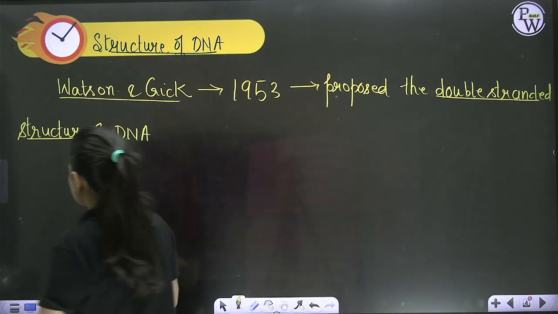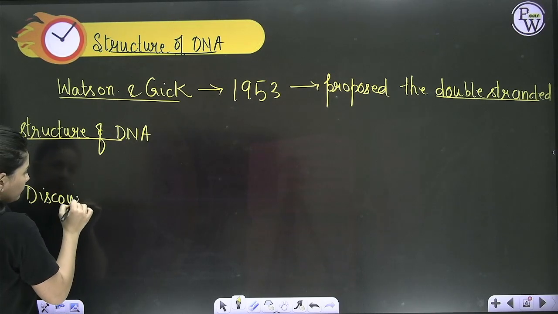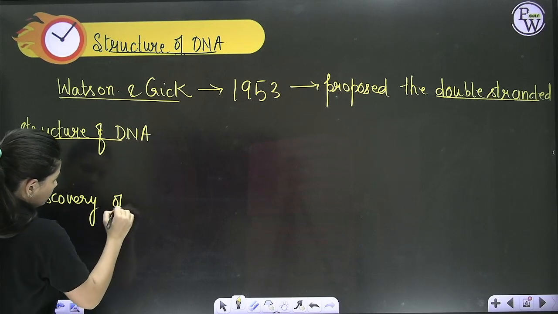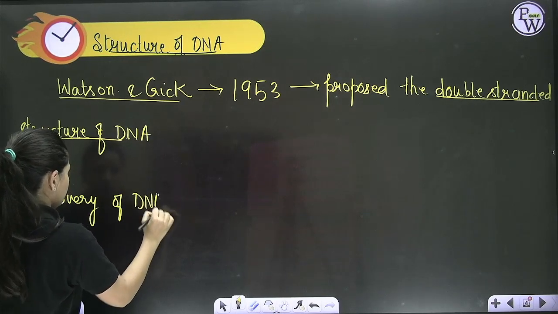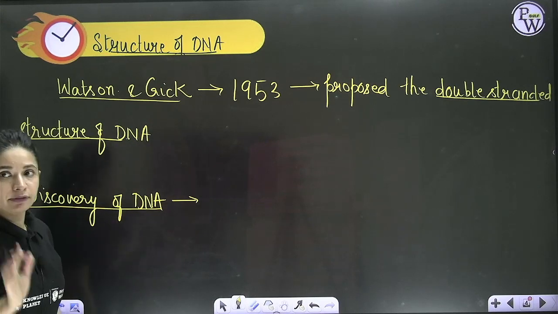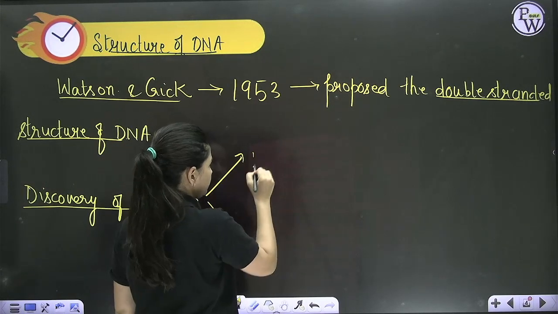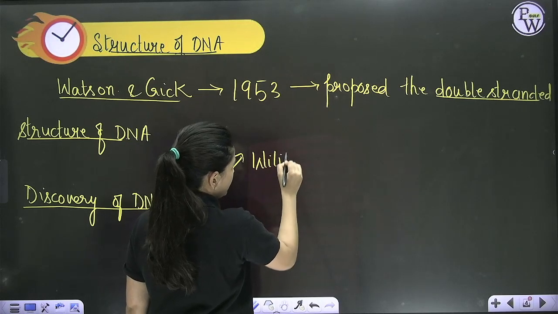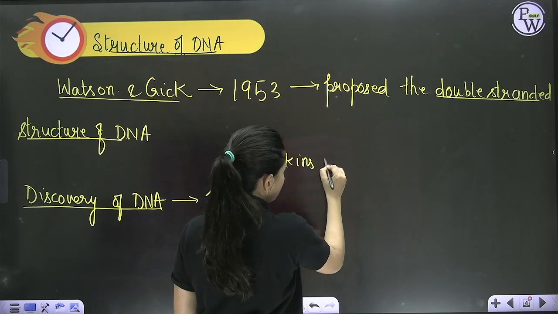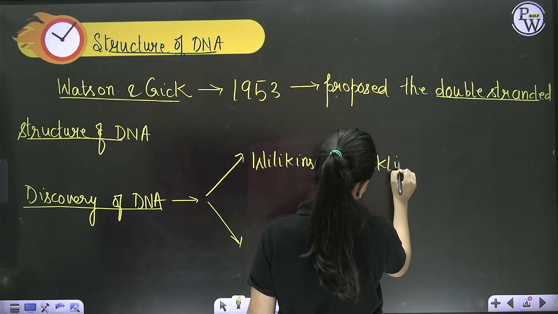So first of all, we are going to write the discovery of DNA. Now here basically, beta, in discovery of DNA, we are going to learn about 3 scientists, Maurice Wilkins, Rosalind Franklin and Erwin Chargaff.